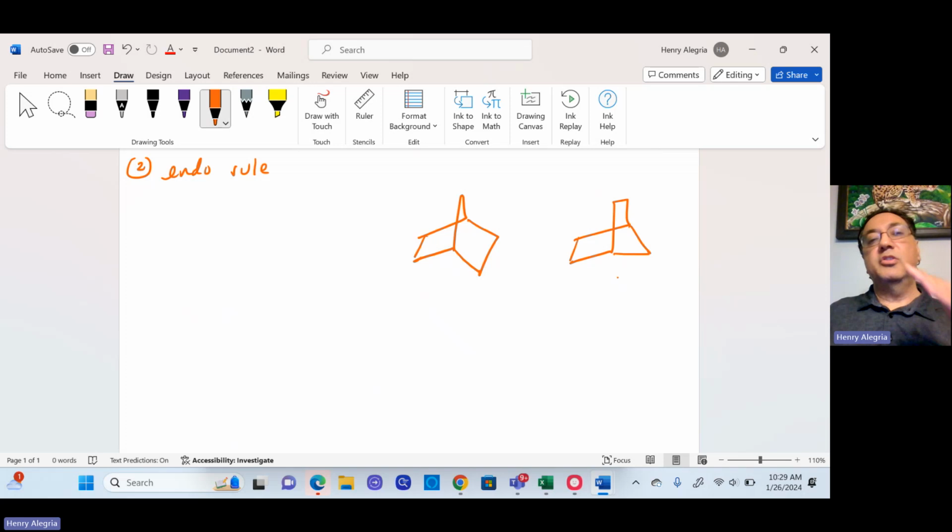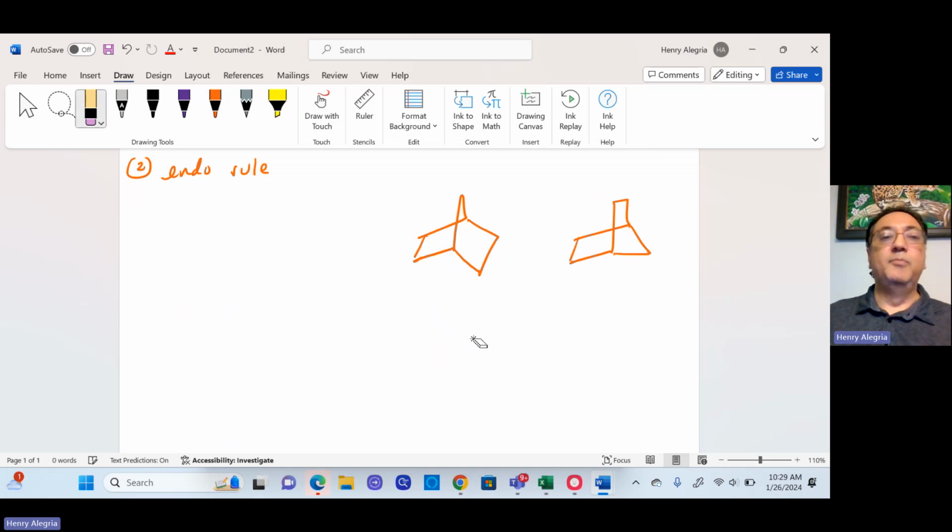Remember the structure here: these look like an inverted V. If we have an inverted V, we can think of things that are pointing towards the inner part, and things that are pointing towards the outer part of that inverted V, right? And we call those orientations endo versus exo orientations.